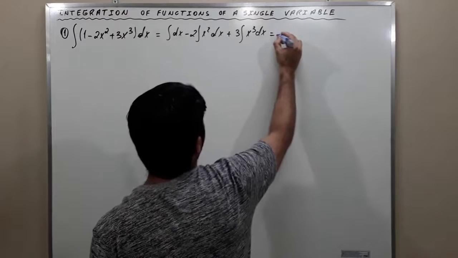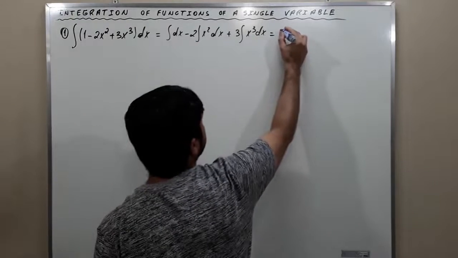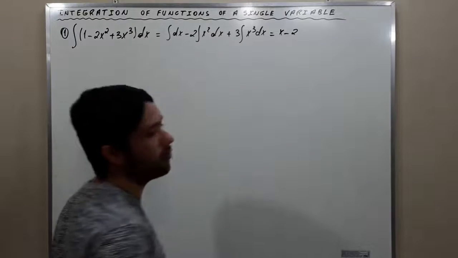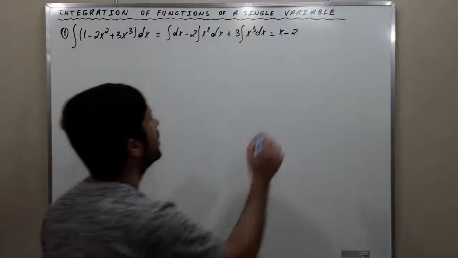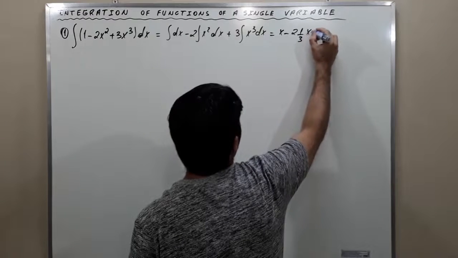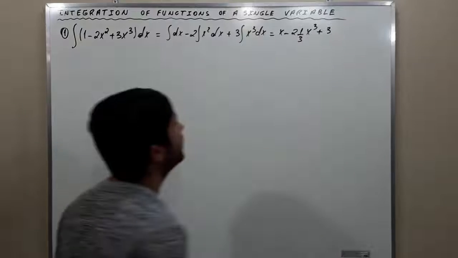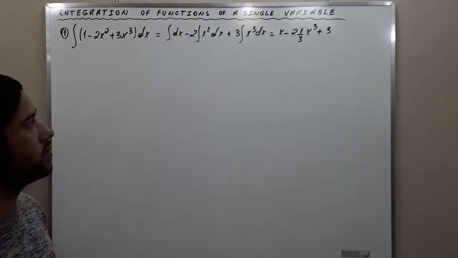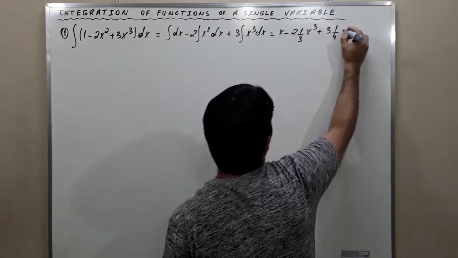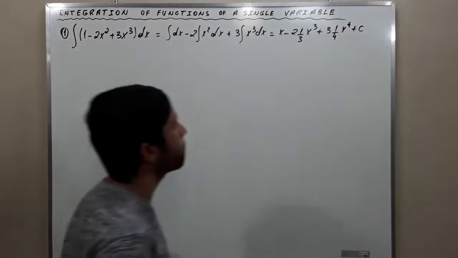And here the integral of dx is x, minus 2 times the integral of x squared, which is a third of x cubed, plus 3 times the integral of x cubed, which is 1/4 of x to the 4th, plus c.